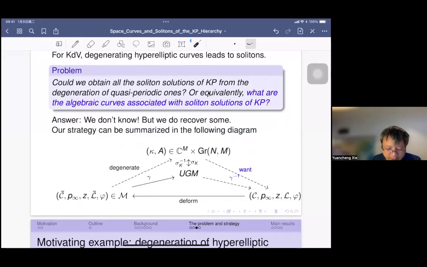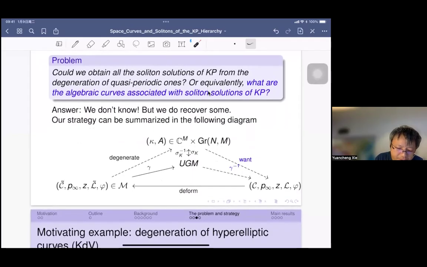Okay, so already in the 1970s, people wondered whether in general these curves would be just some rational curve with double singular points, but other than hyperelliptical curves, we didn't have many other examples. So in some sense we want to reconstruct the algebraic curve from these soliton solutions.